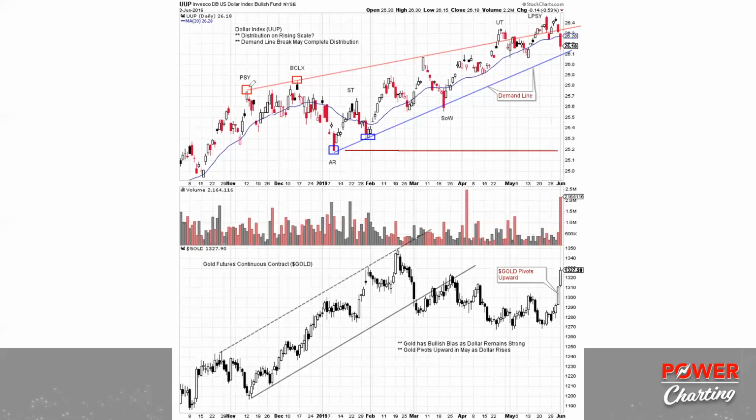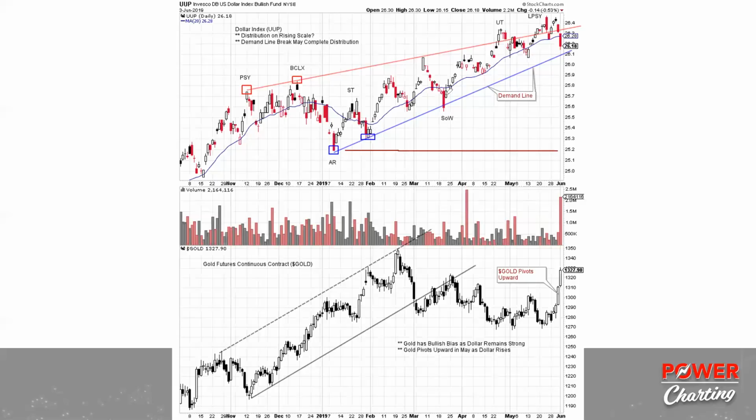So here we can see preliminary supply, buying climax, and thereafter an important reaction, which we're calling the automatic reaction. Buying climax creates resistance, automatic reaction creates support.